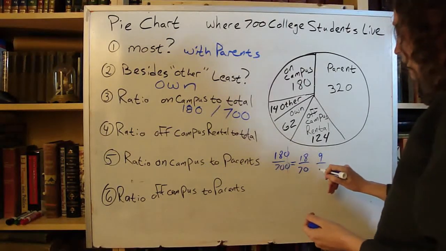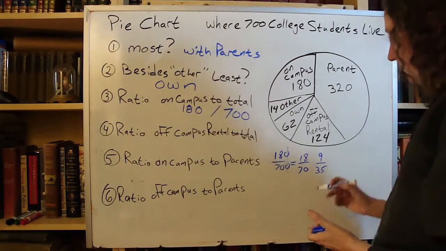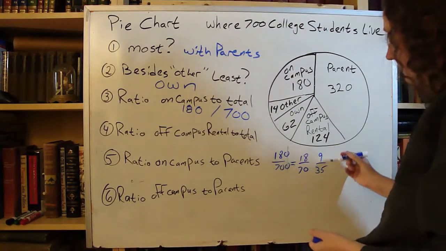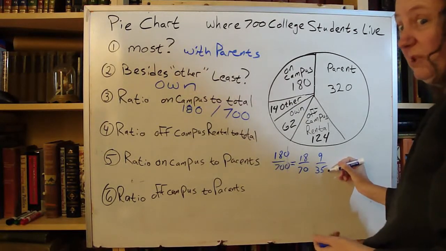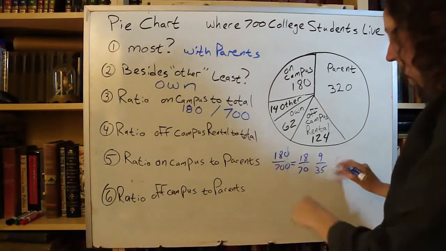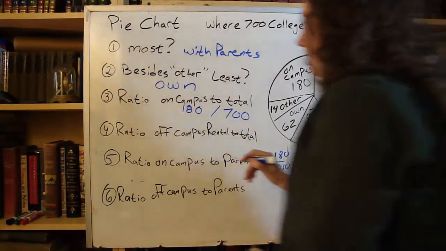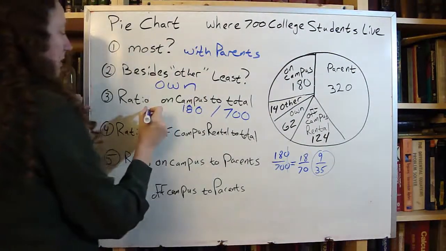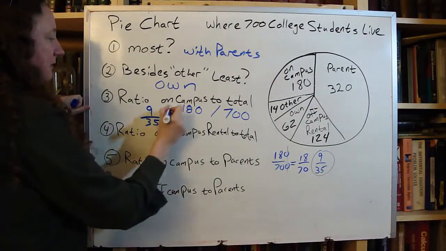I get 9 over 35. Can I go any further than that? 9 is 3 times 3. 35 cannot be divided by 3, so that's done. So this is my answer up here. 9 over 35.